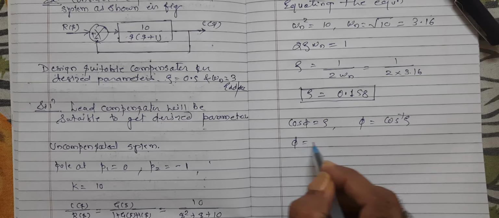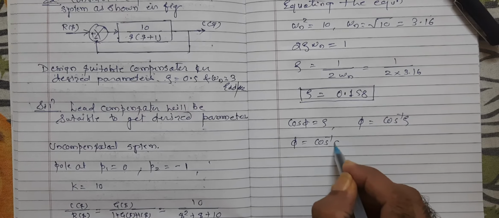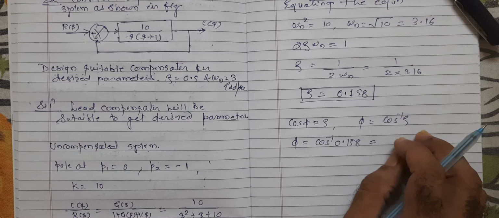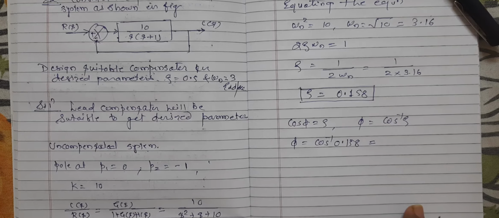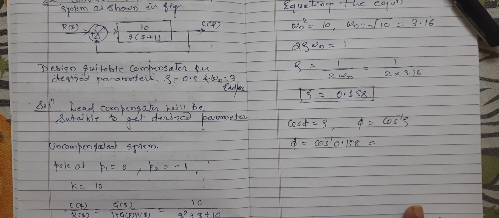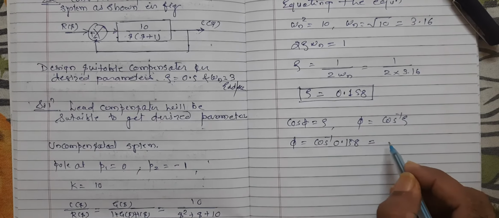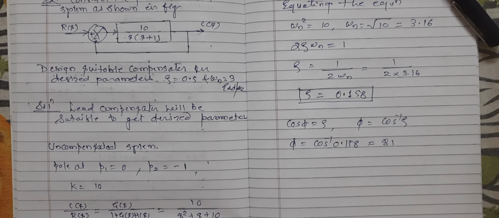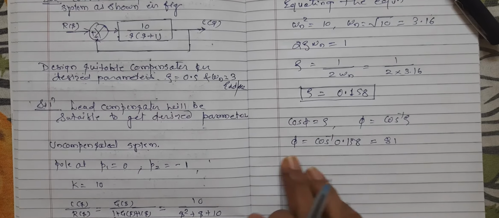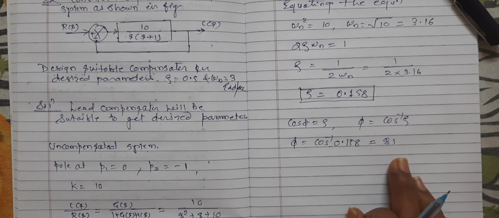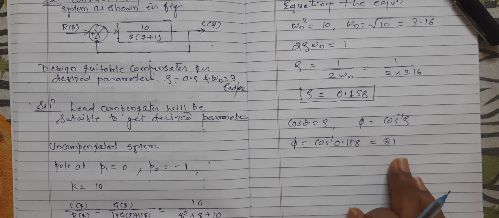So phi is equal to cos inverse of 0.158, and it is coming 80.90, that means near about 81 degrees. So phi is equal to 81 degrees.